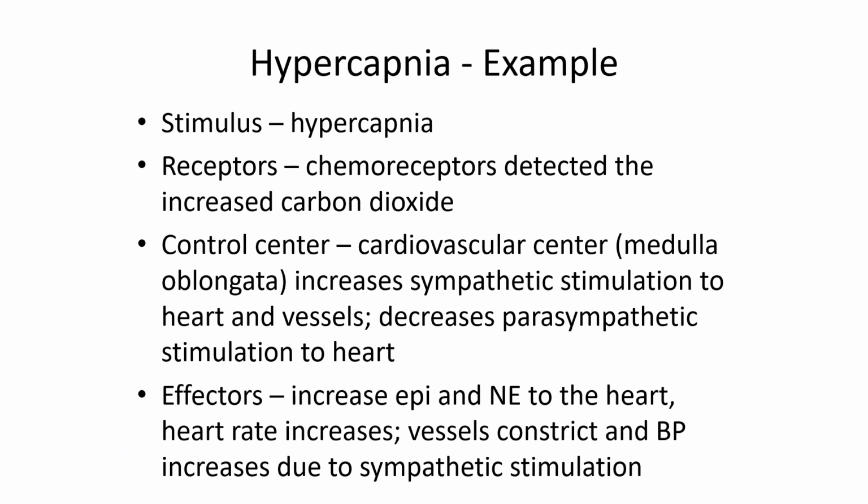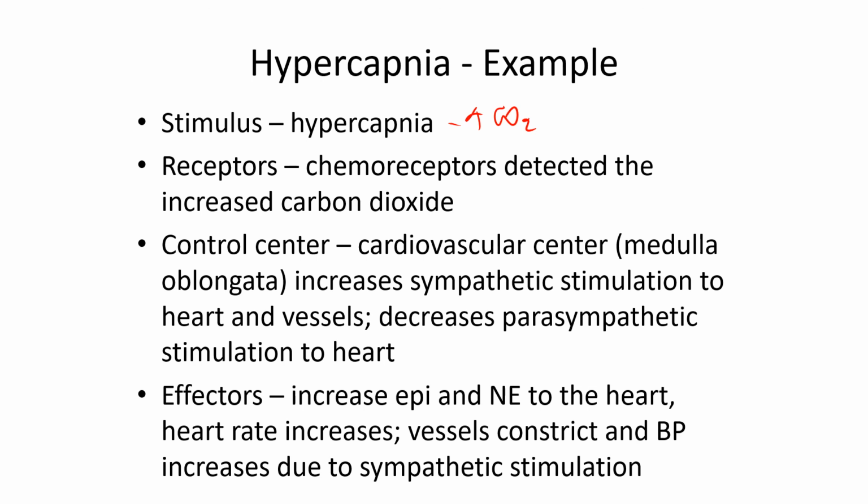So this term here, hypercapnia, means too much CO2. So obviously this is the respiratory system that's causing excess CO2 to build up in the bloodstream. And we know that carbon dioxide, oxygen, and hydrogen levels are detected by the chemoreceptors. So chemoreceptors are detecting this, sending messages to your cardiovascular center.